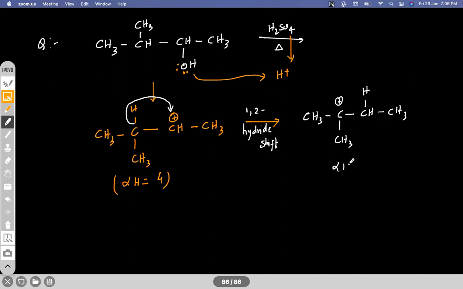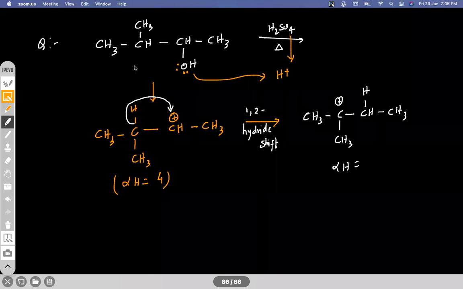So what is the number of alpha hydrogen for this carbocation? 8, right? 8 alpha hydrogen.